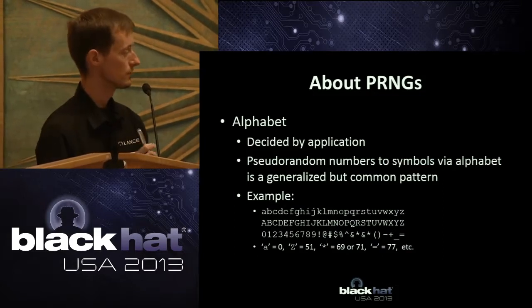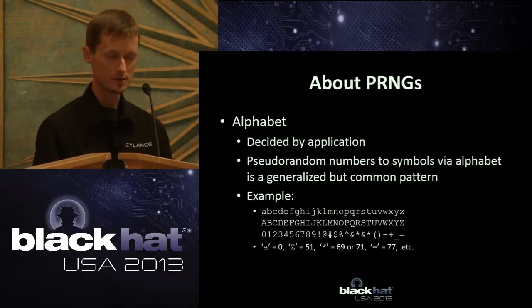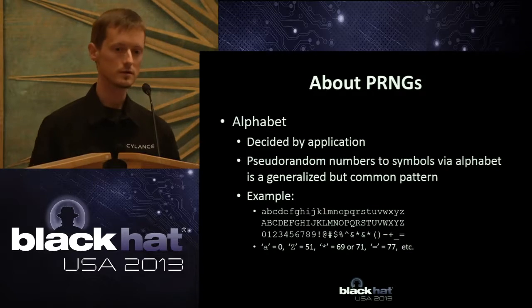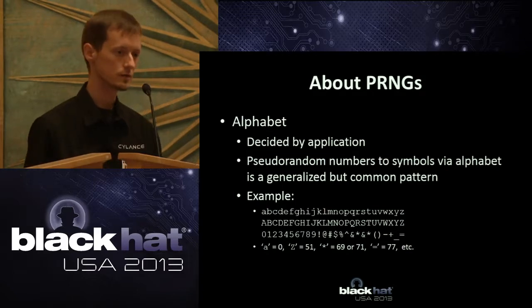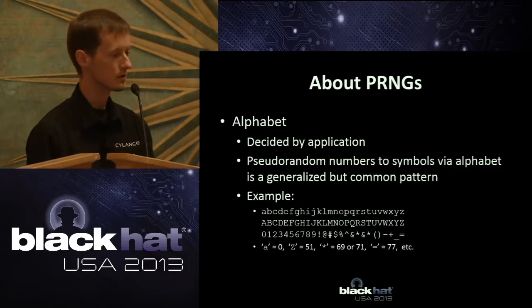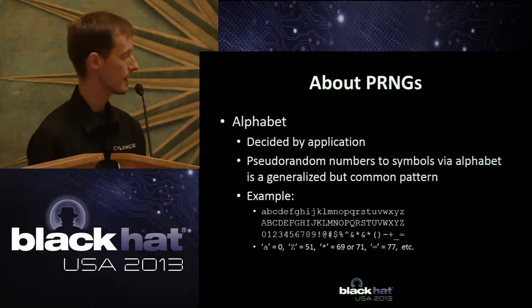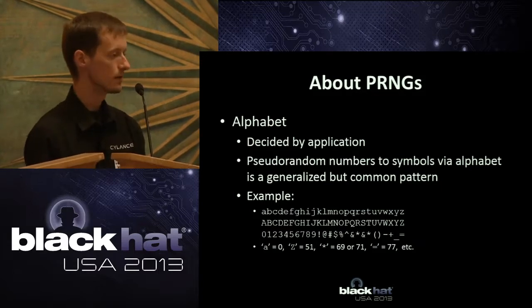Say if Prankster is given an asterisk in the sample with this alphabet, it's not going to know if that should be ordinal value 69 or 71. Now the PRNG is of course dealing all in numbers, so we need to deal in numbers to derive the internal state of the PRNG. So that is a condition we don't currently handle. It's certainly not beyond the realm of practicality or possibility. We just don't handle it.